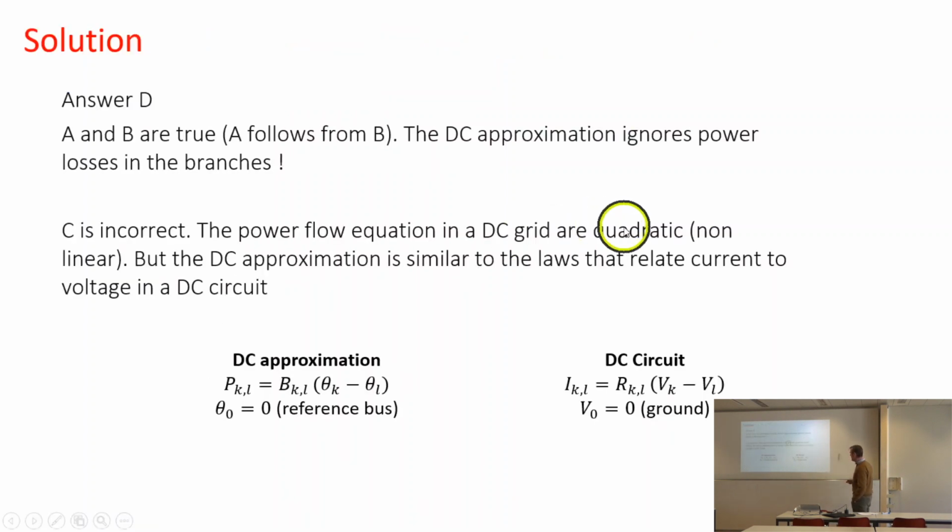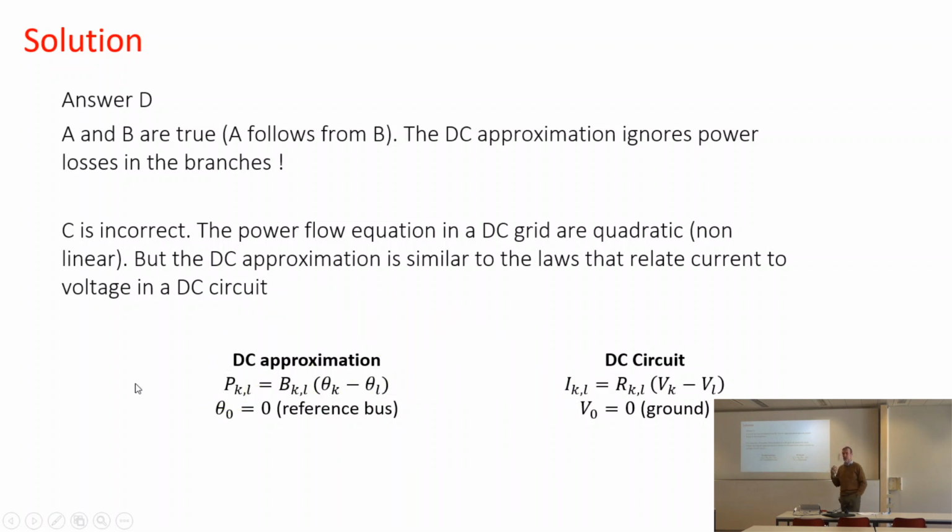No, formally. The power flow equations in a DC grid are quadratic, right? In a DC grid, we still have a quadratic problem. The DC approximation is called this way because it's similar to the laws that relate current to voltage. DC voltage takes the role of the voltage angle, and the current takes the role of the power flow.